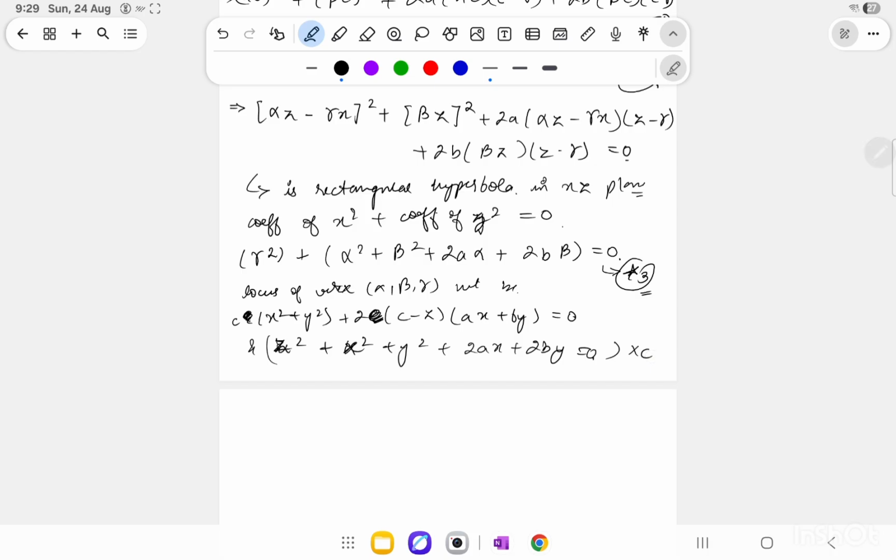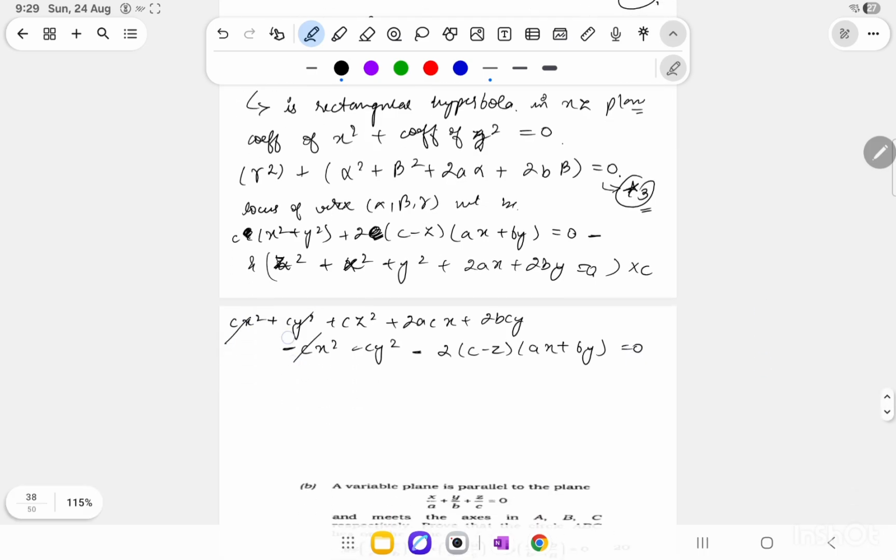So what I'll get is cx square plus cy square plus cz square plus 2acx plus 2bcy, minus the previous one, that is this one, which is cx square minus cy square minus 2c minus z into (ax plus by) equals 0.